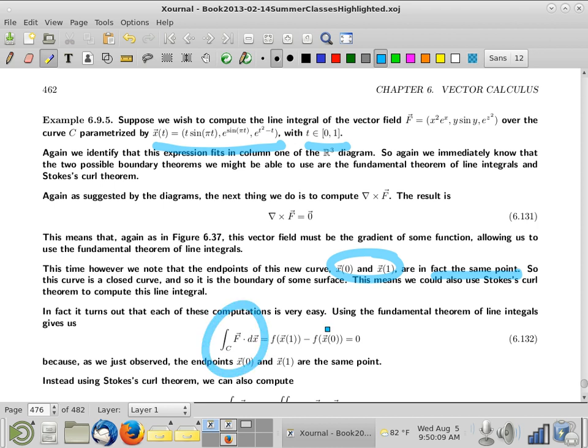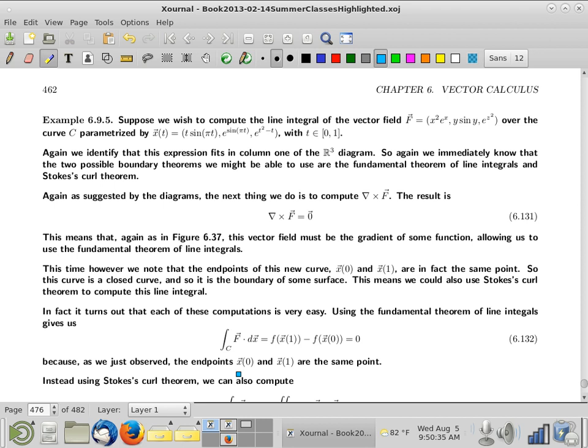You turn the line integral into f of the ending point minus f of the starting point, but the ending point and the starting point are the same, so you're subtracting 2 equal things, and you get 0. So that's kind of nice. Now, that could be the end of that. I'm going to show you a different way to answer this question, and then I'm going to draw a really nice conclusion at the end of all of this.